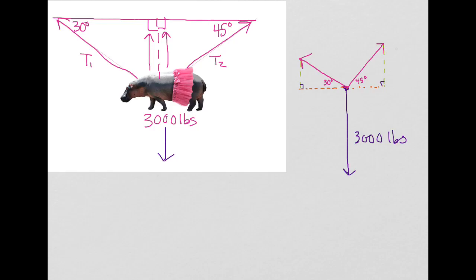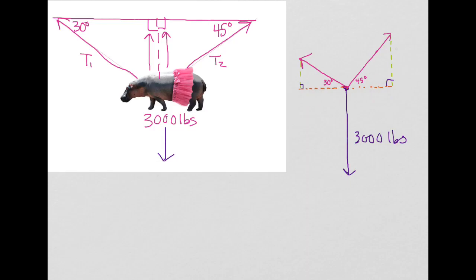Now, that being said, the horizontal components do have to be equivalent, and I'm looking at my drawing and they don't actually look like they are, so I'm going to fix that real quick. Okay, that looks much better, and that actually kind of looks like a 45, 45, 90 triangle now, and if you think about it, it makes sense that the two vertical components can't equal each other, because since the horizontal components have to equal each other, since our hippo is not swaying side to side, those pieces have to be congruent.